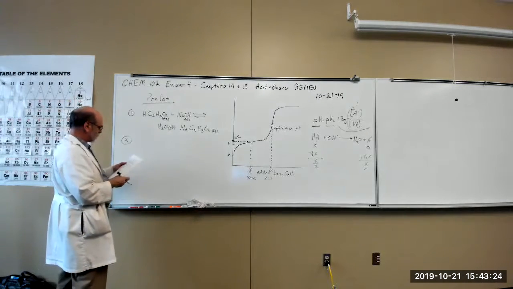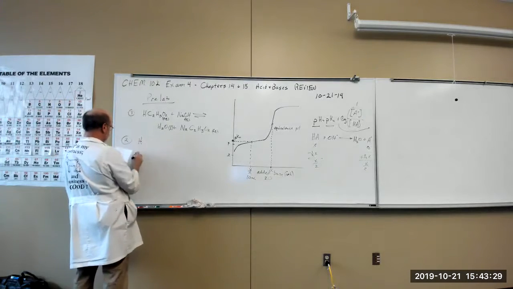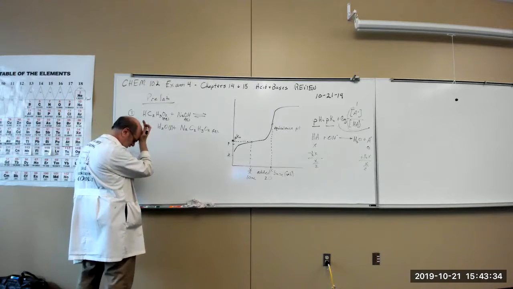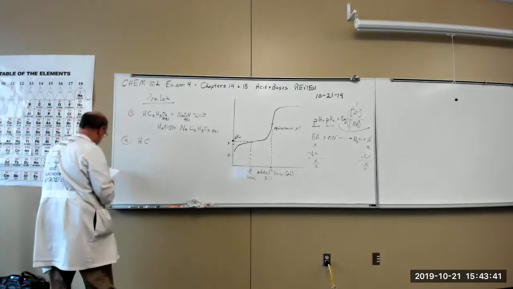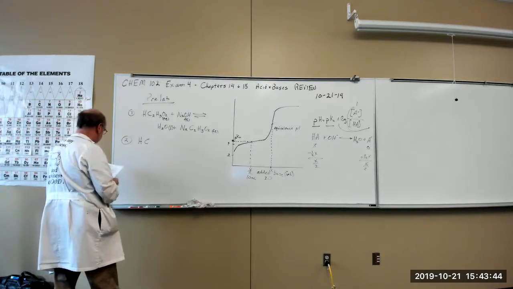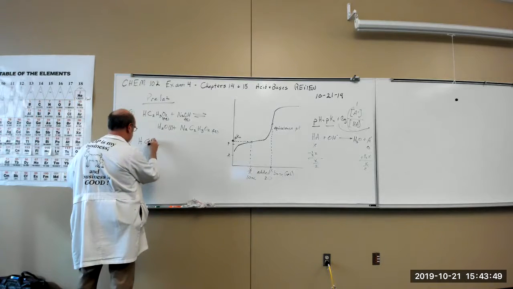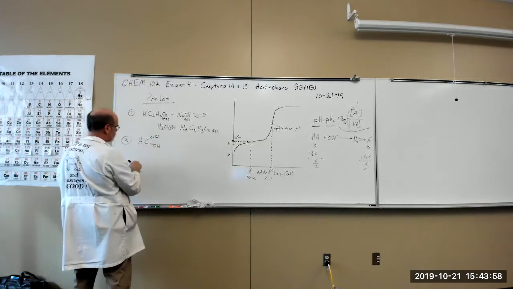Okay, the second one. The Ka of formic acid, so here's formic acid. That's formic acid.